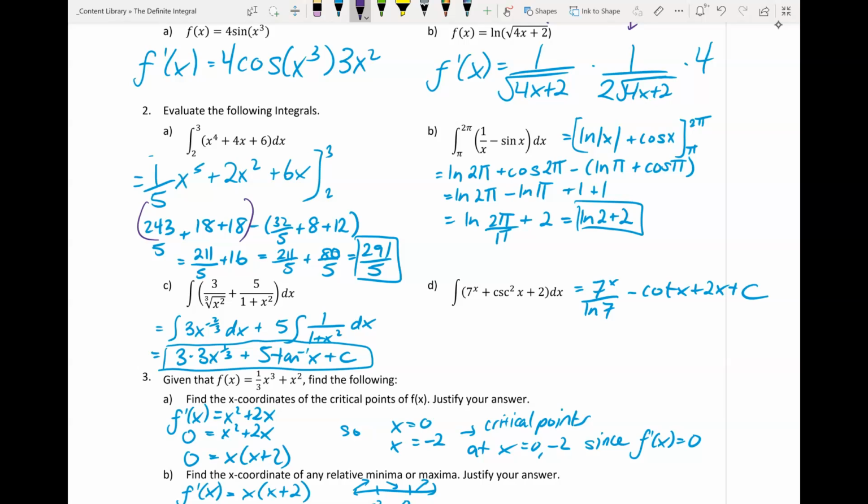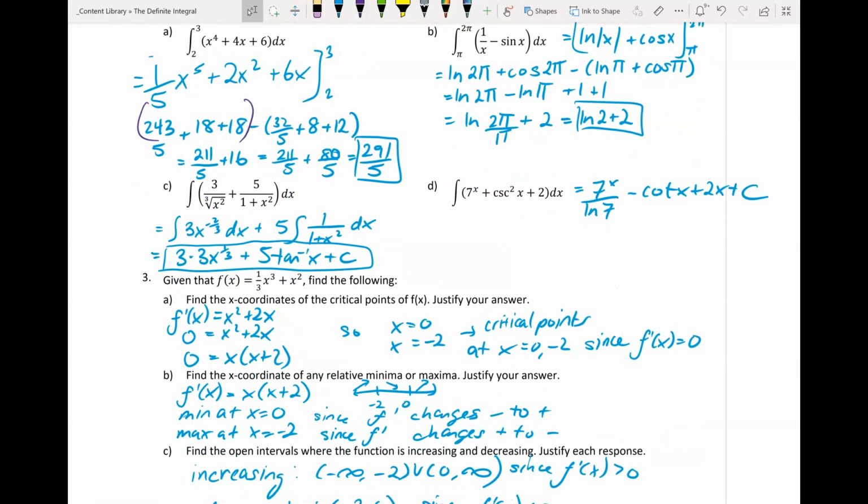So we plugged in 2 pi first, and then subtracted the antiderivative with x equals pi plugged in. Then you want to simplify. Because you have ln 2 pi minus ln pi, that subtraction, we can combine our natural logarithm using division. So we have ln of 2 pi over pi, which is just ln 2. So your final answer is ln 2 plus 2.